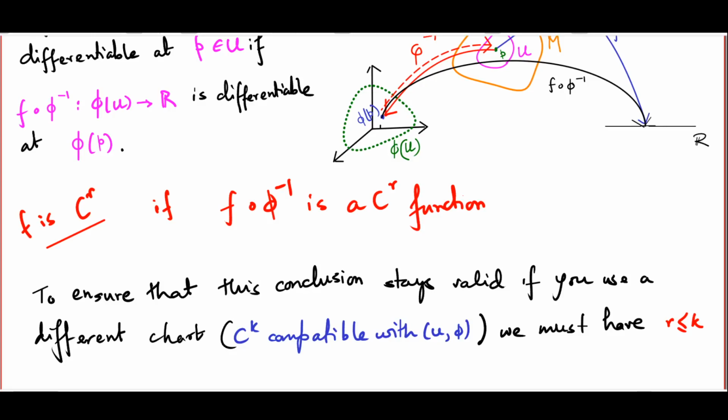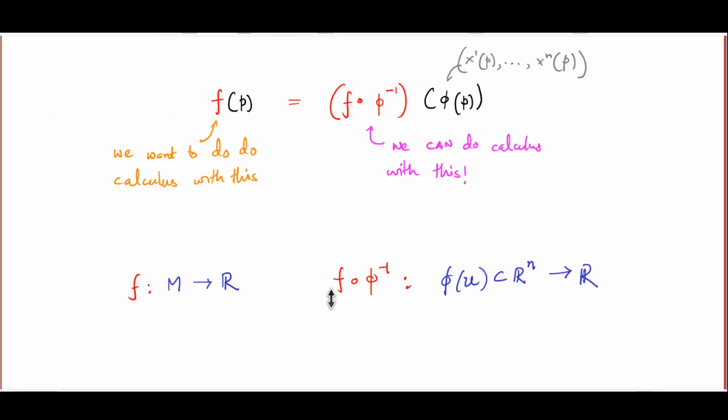On the other hand, as long as R is less than or equal to K, then the conclusion that a function f is of class C^R, that is, it is differentiable of class C^R, is independent of which particular chart you are using. Now, this notion of proxy functions will recur over and over again in succeeding lectures.